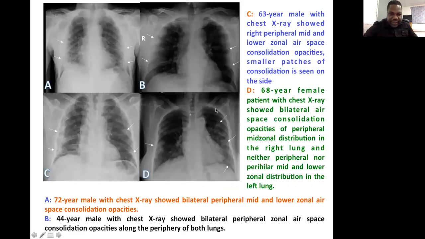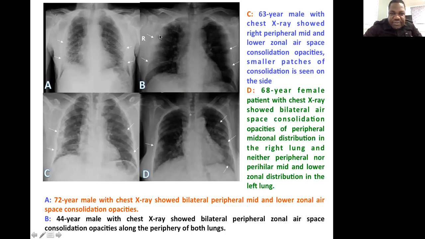And here we have patient A, a 72-year-old male patient, with the X-ray showing bilateral peripheral mild and lower zonal airspace consolidation. So you can see here, mild and lower, bilaterally, consolidation here and there.